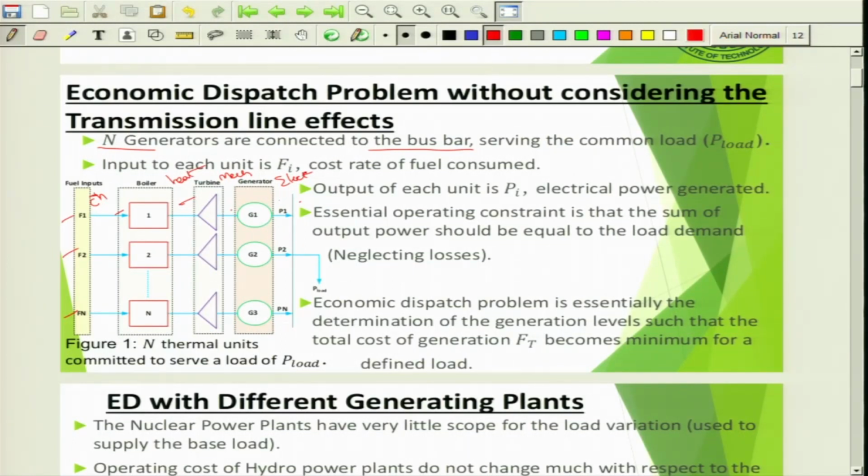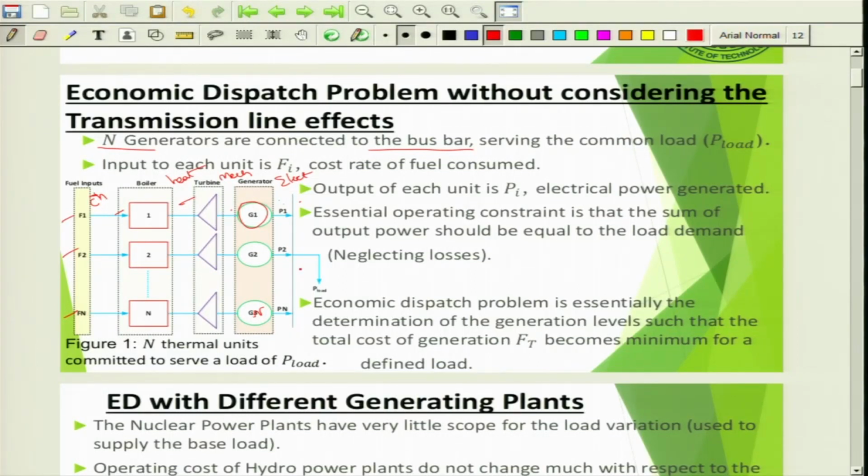For the individual generators, the first generator we call G1 and its output is P1. Similarly for generator 2 it is G2 and its output is P2, and similarly the generator Gn has output Pn. All these outputs are connected to one bus here.